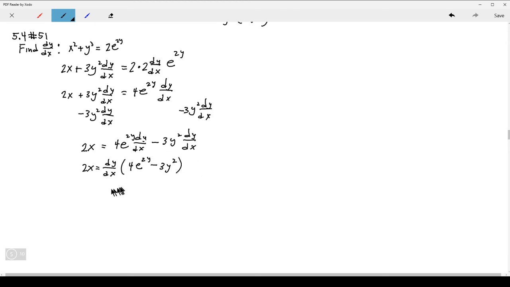So we're going to have dy dx equals 2x on top and 4e to the 2y minus 3y squared on the bottom, and that is your derivative right there. Okay, so that was the first question.